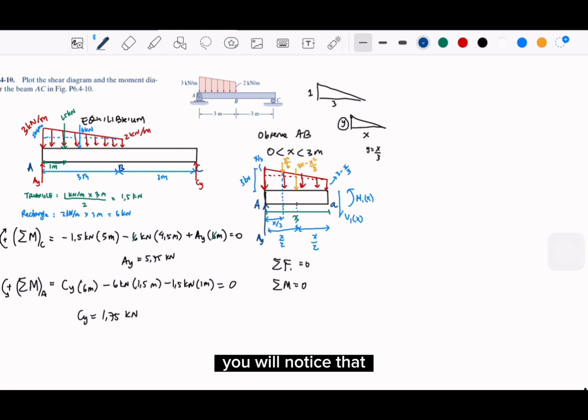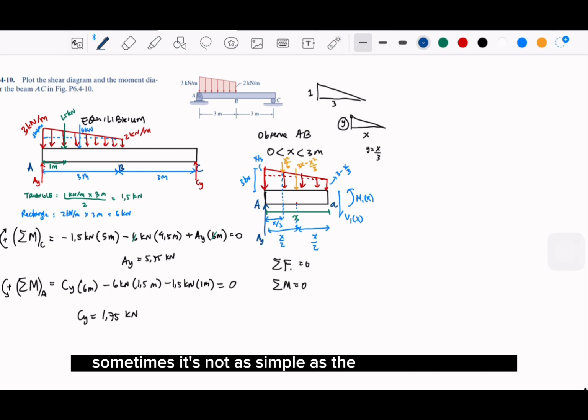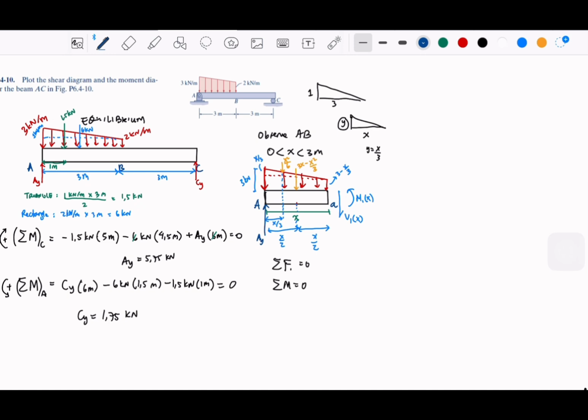You will notice that where you have some quadratic equations, if this is too complicated, you can just use a calculator. Just find the x, the factor of x. Sometimes it's not as simple as the previous question. Sometimes maybe having decimals. Okay? So I think there will be some programs in your calculator that can solve directly how to solve the quadratic equations.